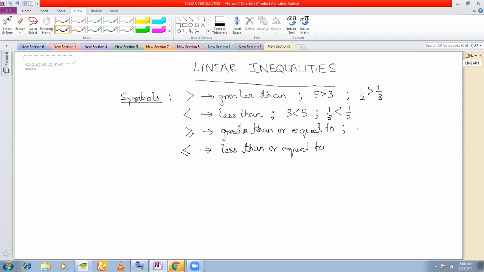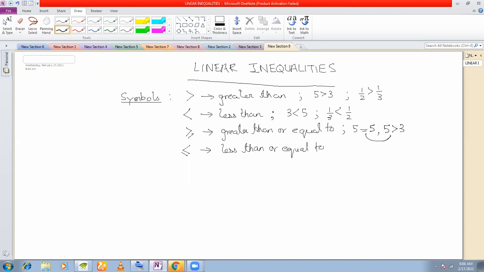For greater than or equal to, we can say 5 is equal to 3, 5 is equal to 5, and 5 is greater than 3.